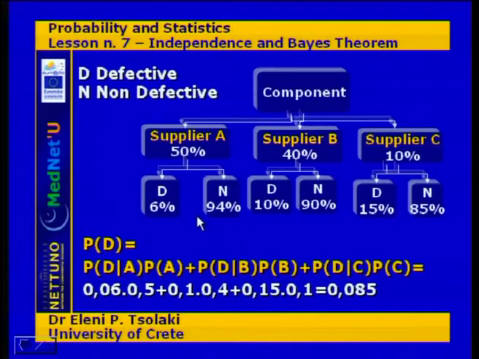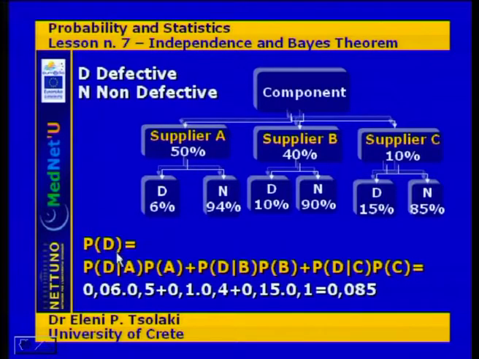One component cannot be supplied from supplier A and B at the same time, and their union makes our sample space S. 100% of the components are supplied by suppliers A, B, and C.